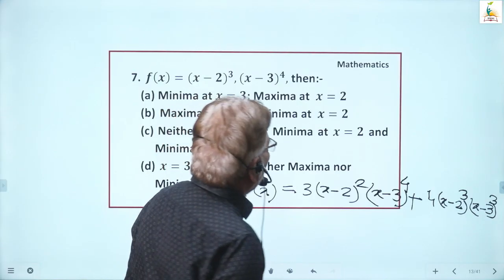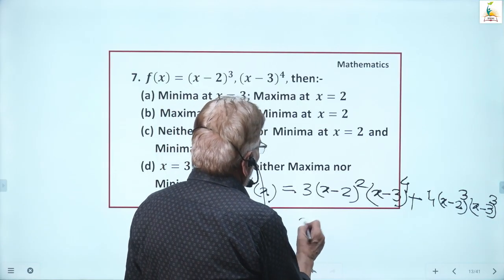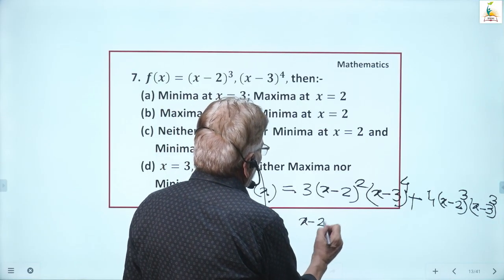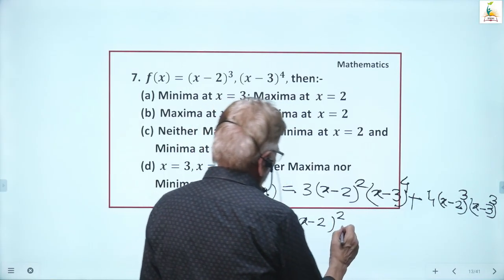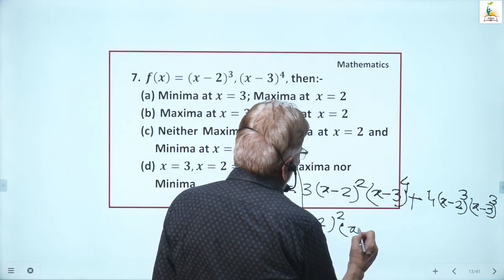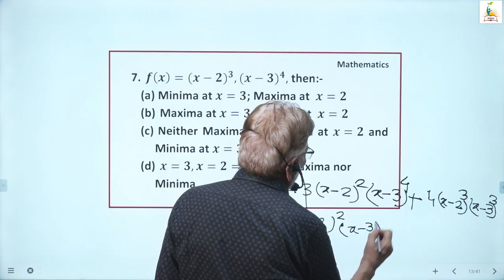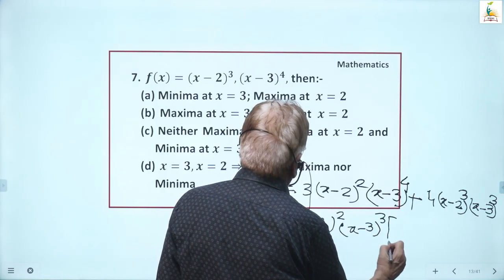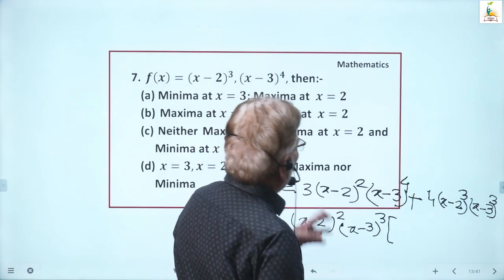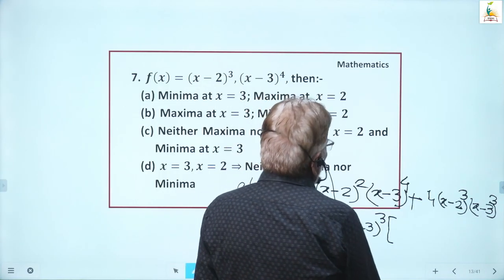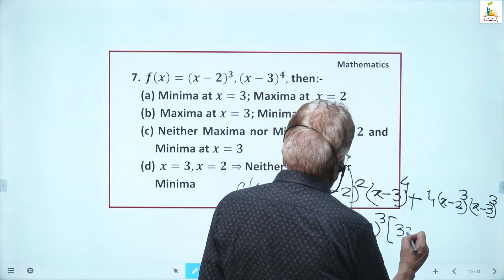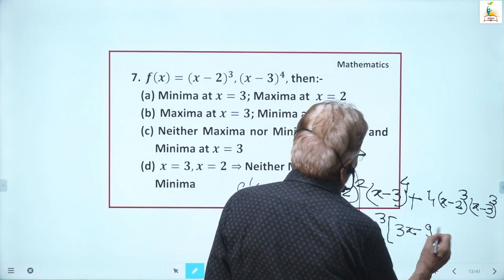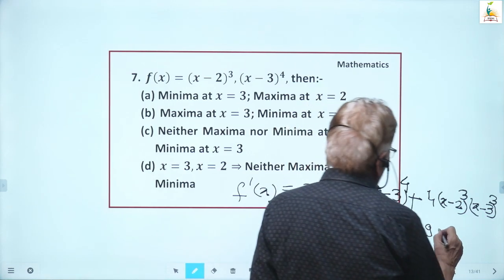I can take common (x minus 2) whole square, (x minus 3) whole cube, so this will be 3x minus 9 plus 4x minus 8.